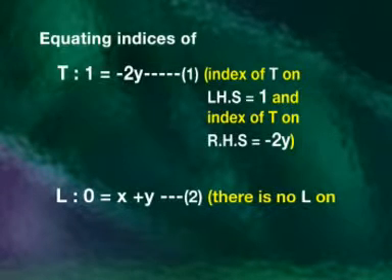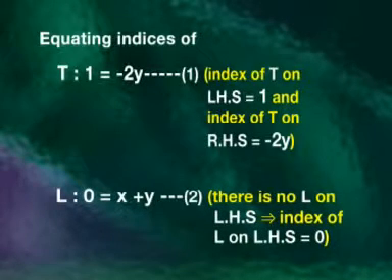For L, 0 equals x plus y. Let's represent this with 2. There is no L on the left hand side of the equation, and therefore the index of L on the left hand side equals 0.